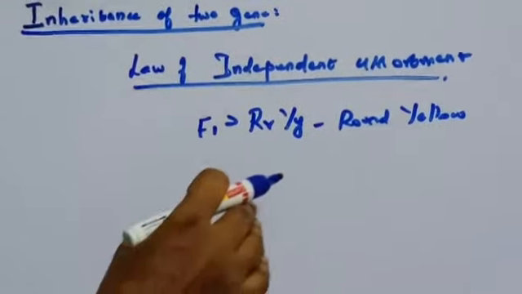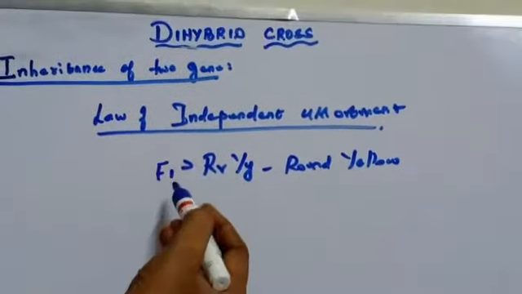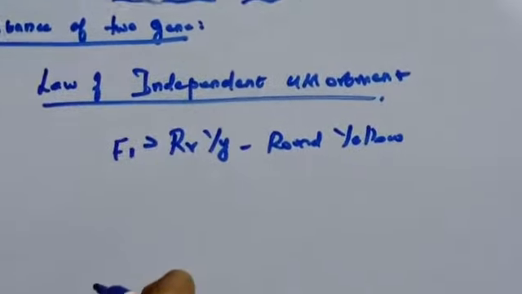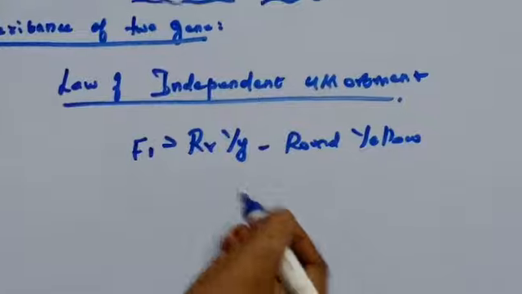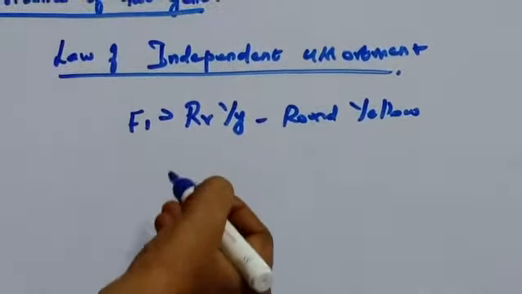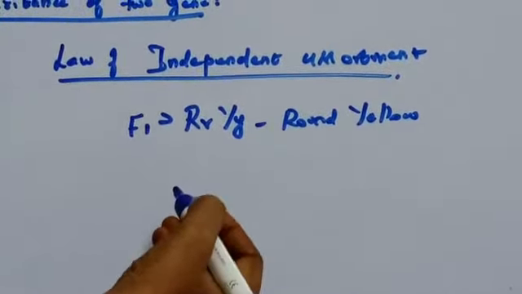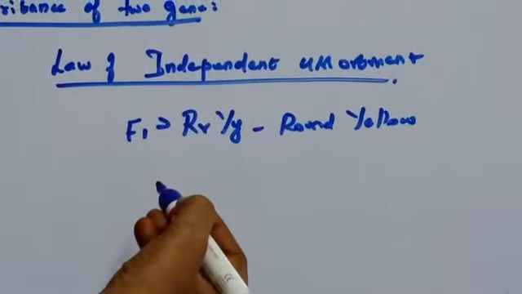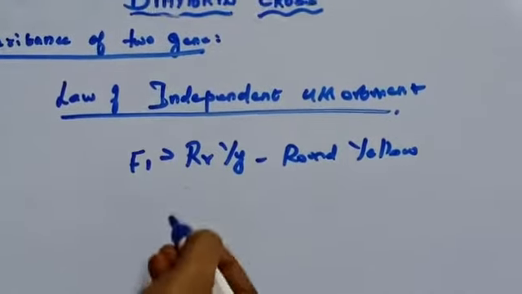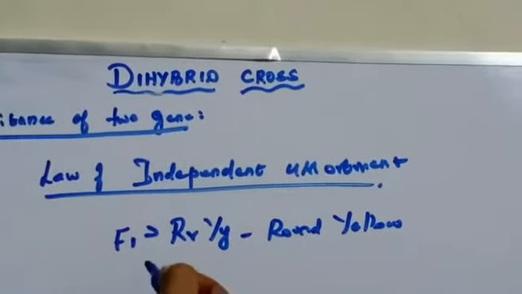At the same time, during gamete formation, the 2 factors of each trait assort randomly and independently of the factors of the other trait at the time of meiosis, that is gametogenesis, and get randomly as well as independently rearranged in the offspring.